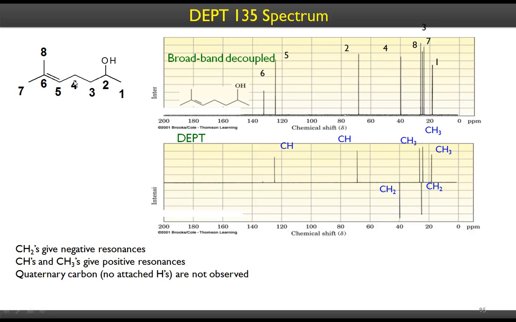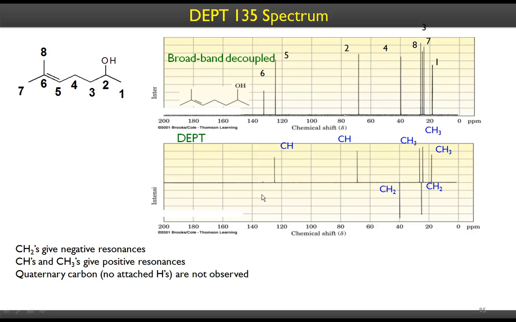This methyl is cis to this group, whereas this methyl is trans to this group, and as a result this has a different chemical shift than this one. It's magnetically different, so we expect 8 peaks for this compound. One carbon is attached to oxygen, so that is around 60, right, because it's attached to oxygen, and there is an allylic carbon that is a little de-shielded compared to the other methylene, right?